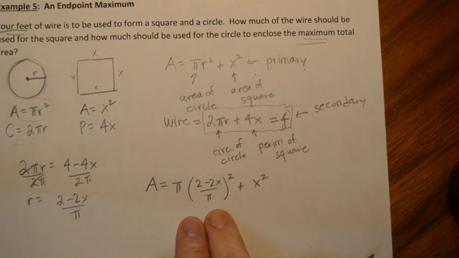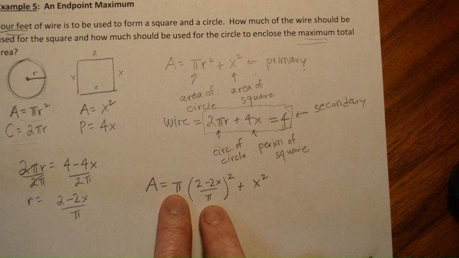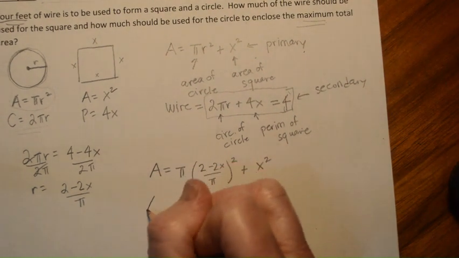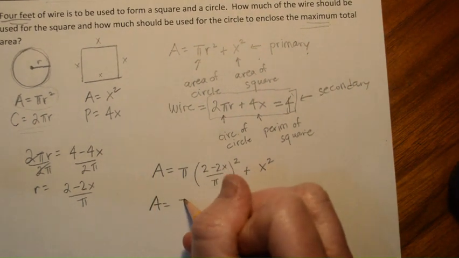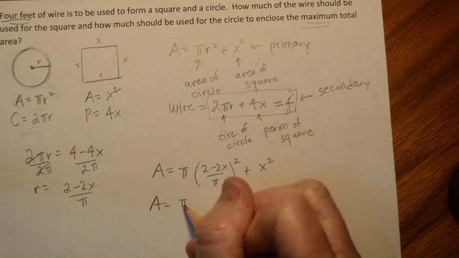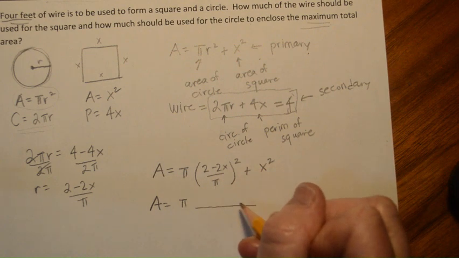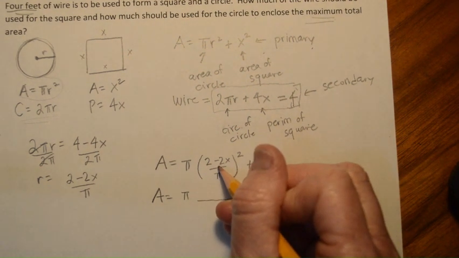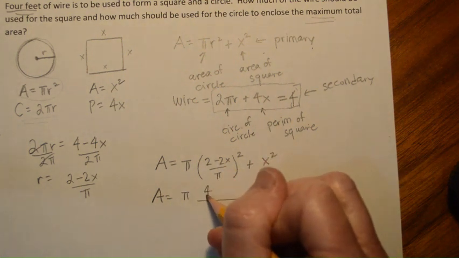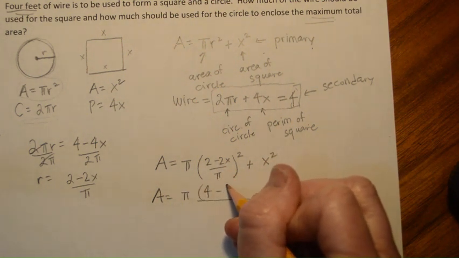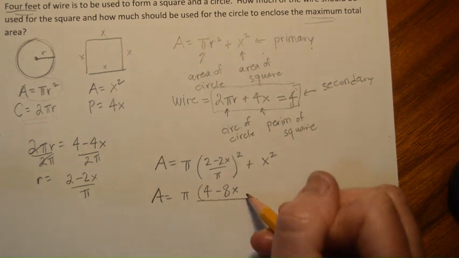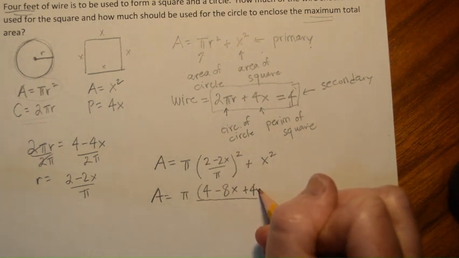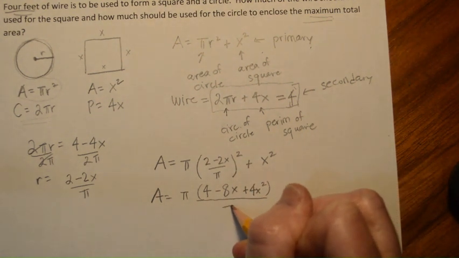All right, I'm going to multiply this out, and at the same time, I'm going to cancel one of these pi's with the 2 pi's I'll end up getting down here. So I've got area equals pi. In fact, I'm just going to leave that there and then we'll cancel it. So this is going to give me 4 minus 8x plus 4x squared over pi squared.